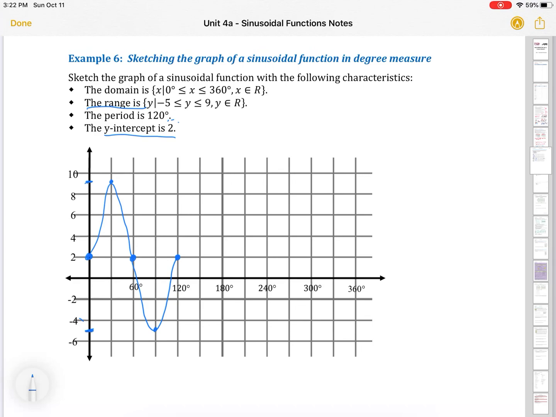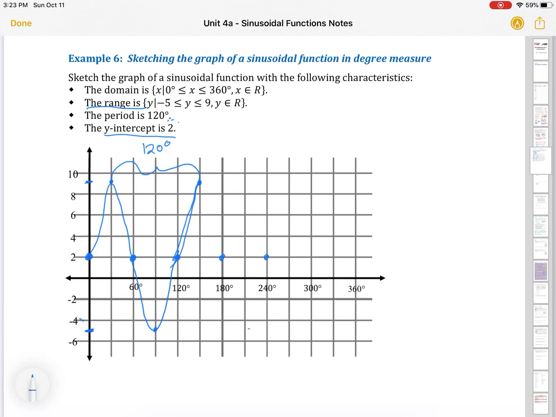Now you're saying, well, how do I know that works? Well, let's continue and just double check. So we would go here. We're basically hitting each time, right? So let's check. From peak to peak is 120 degrees.